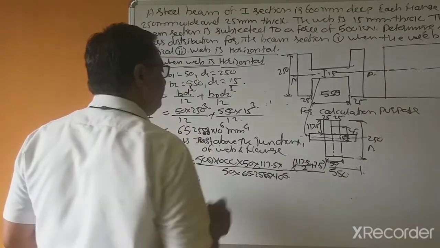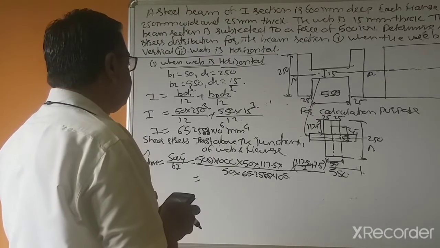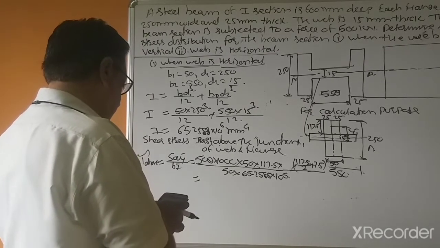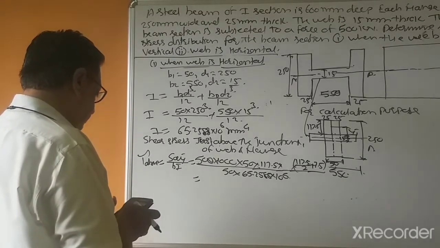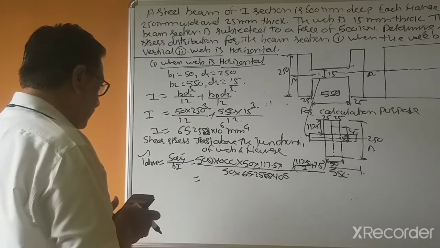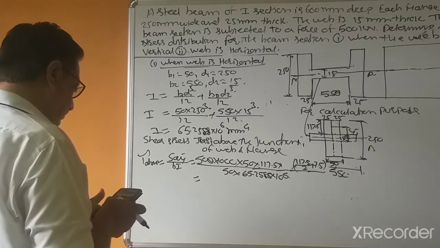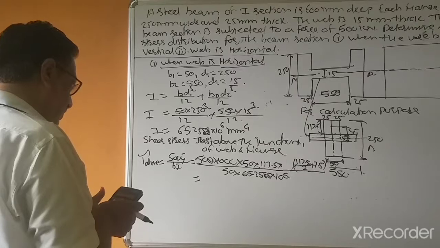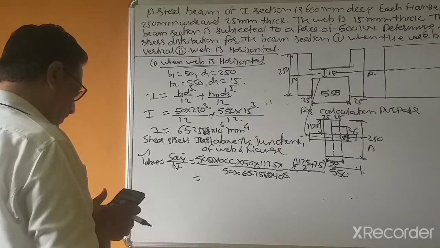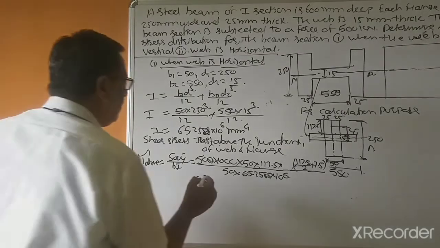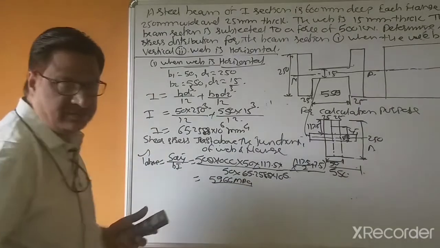Cancel, one cancel. Divided by 10 to the power 6 divided by 65.2588 divided by 50. So this is equal to 59.64 mega Pascal.